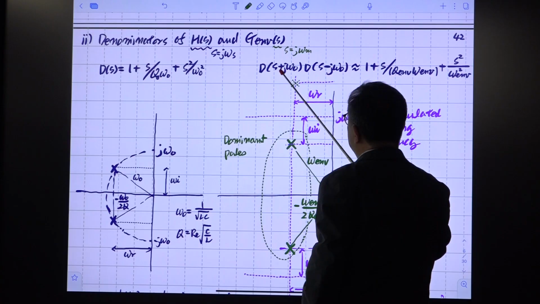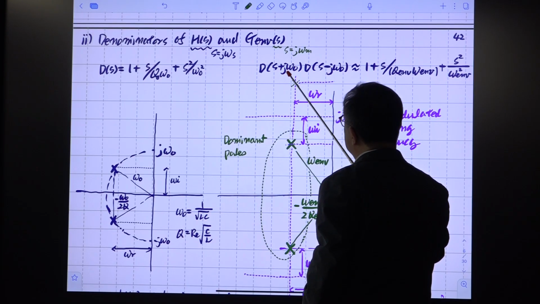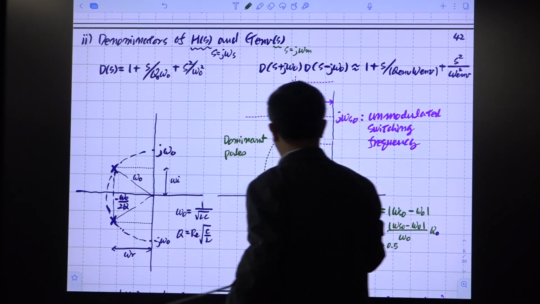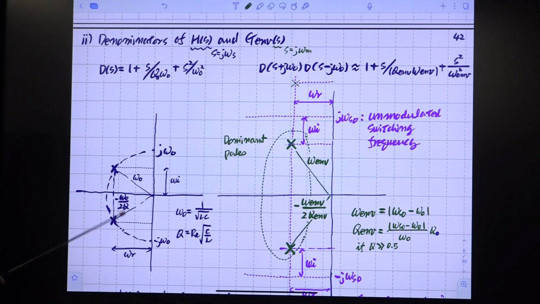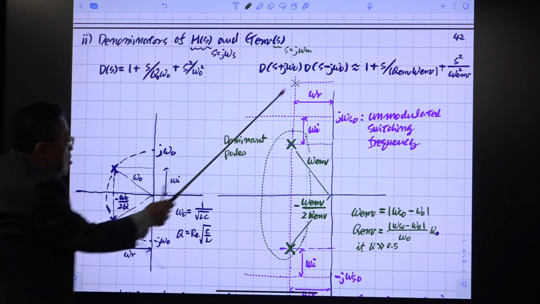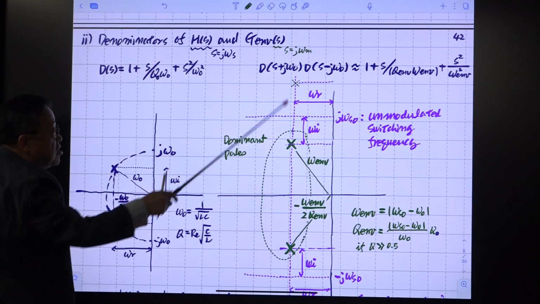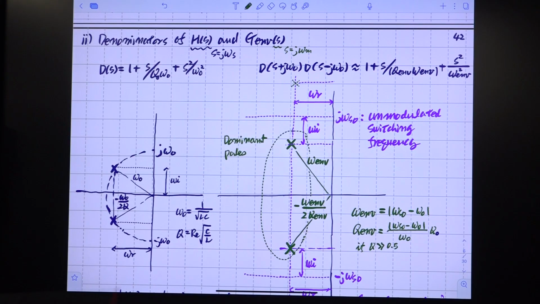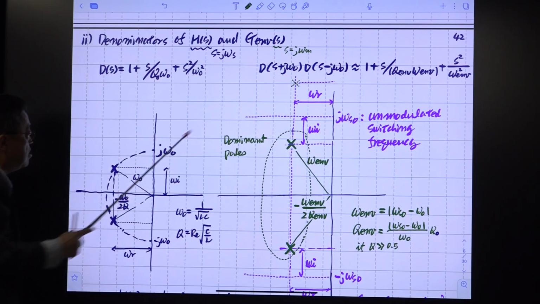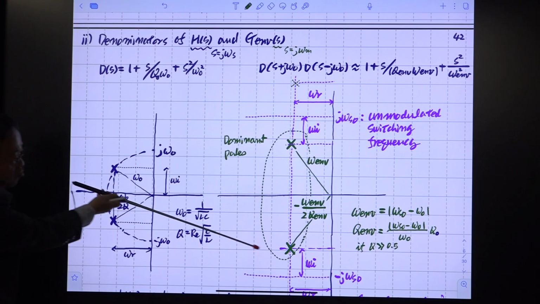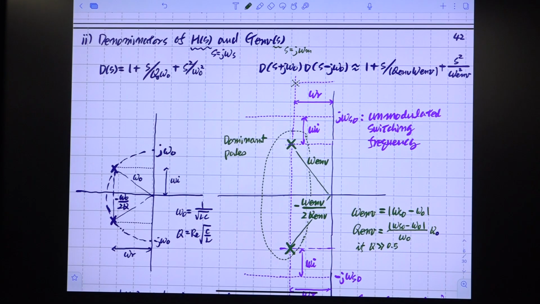One is s plus j omega naught, and the other one is s minus j omega naught. That means this one pole, you have this. Then this term will be shifted to this upper place, and this term, if you evaluate it, these two poles will move to this position. You can easily prove this.